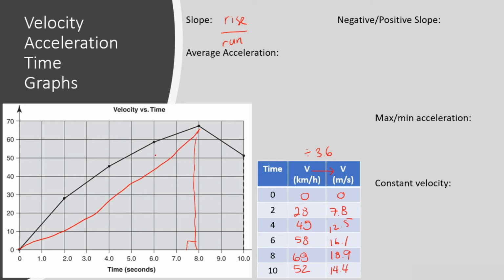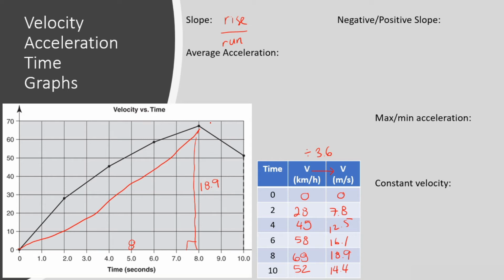Anyway, so this beautiful line, which in theory would be straight, would represent my average acceleration between 0 and 8 seconds, because I'm going from 0 to 8 seconds to get to this point. So I see that my change in x, or my run, is 8. And I see that my rise is 68, but I'm going to write down 18.9, because that is a useful thing to me.